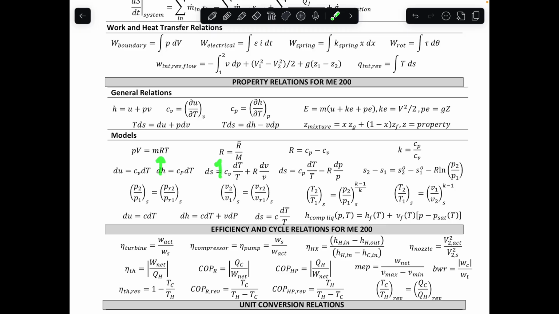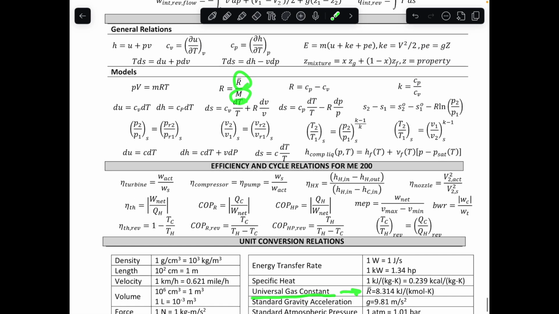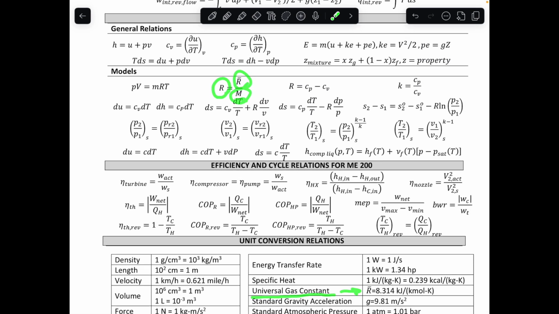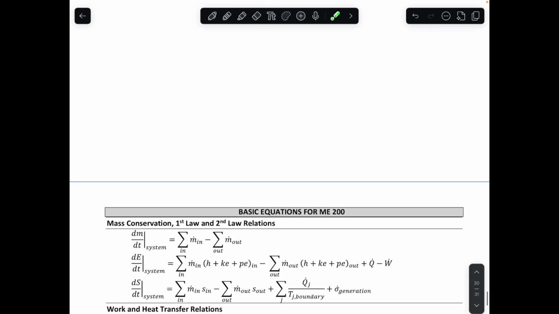The R value for air, maybe you have it memorized, but if not, you can use this equation here to divide the universal gas constant by the molecular weight of air. And they give us this M value. And then R bar is found down here in the table, universal gas constant, there it is. So you can always calculate your R value for air if you don't have it memorized, but we'll go up to our equation section and write those down.